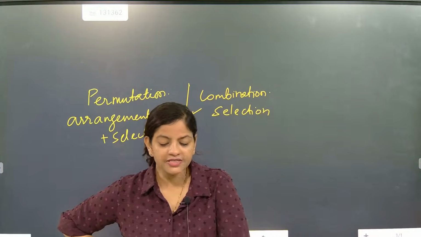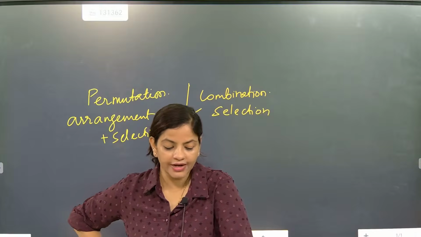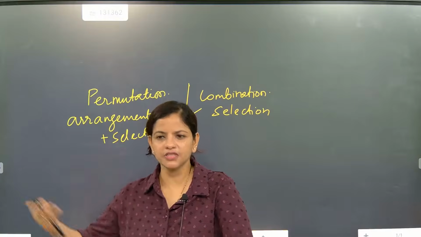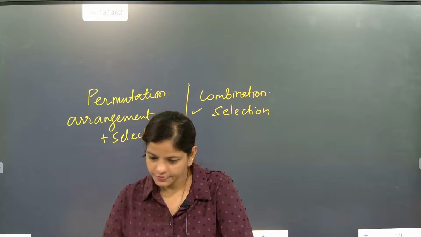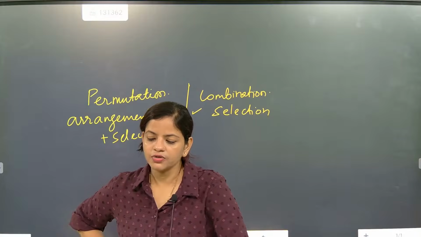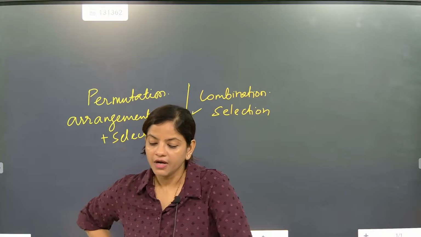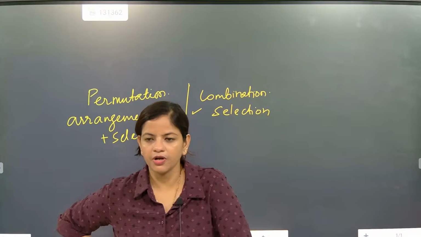Now we need to understand a few things. So whenever we are taking any items in permutation, permutation means from the total number of items, some items are selected and arranged. Okay? Understood. And here in permutation, order is very, very important. But in combination, we are just selecting. Order is not important. Got it?